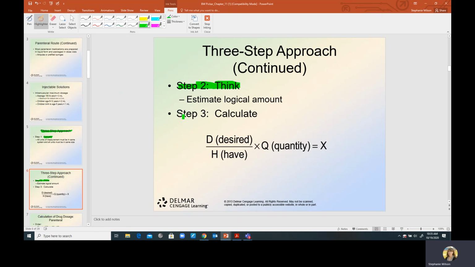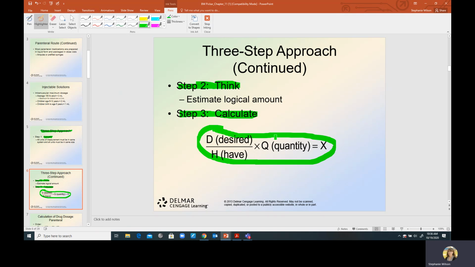Step three says we're going to calculate it. We're going to use the formula method, or you can use the dimensional analysis method. But either way you go about it, we're going to calculate to get what we need, okay? And then I strongly encourage you to take this number 2 and make it a number 4.